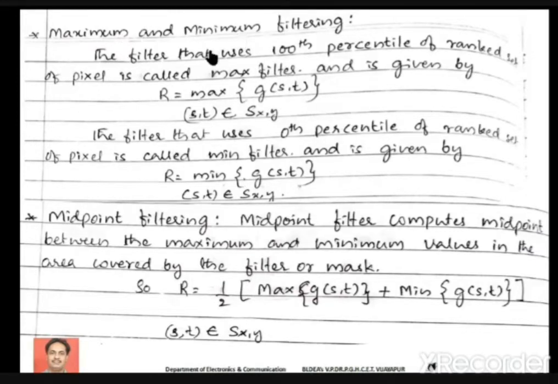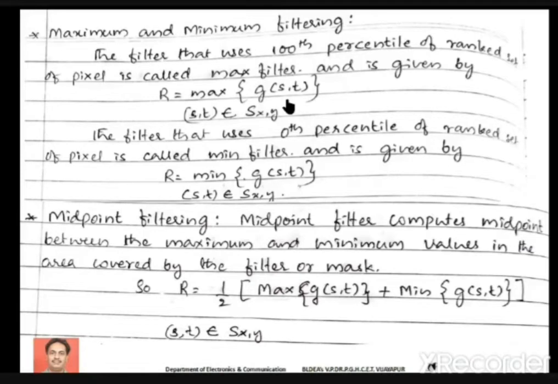As the name itself indicates, in case of maximum filter, each pixel is replaced by the maximum of its neighborhood. The equation for maximum filter can be represented as R equal to max of g of s comma t, where again s comma t belongs to S x y. The idea is very simple.